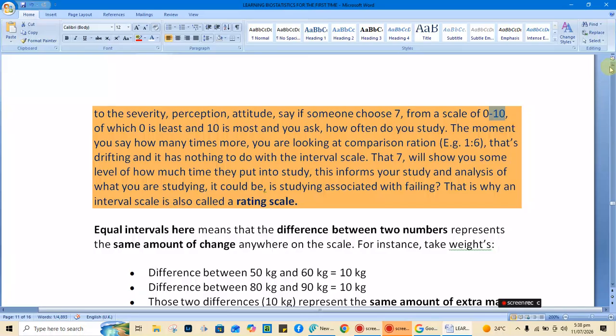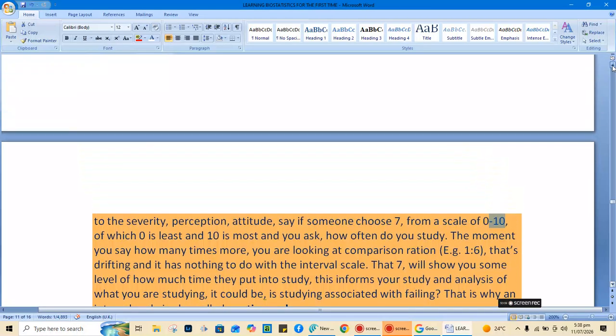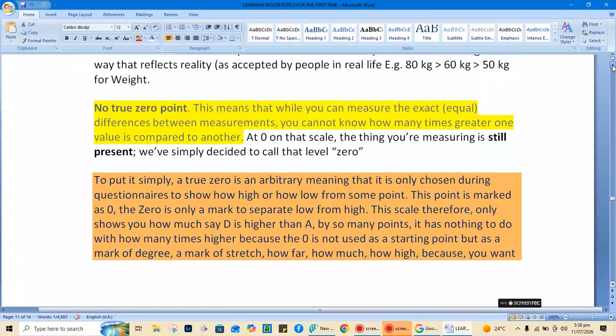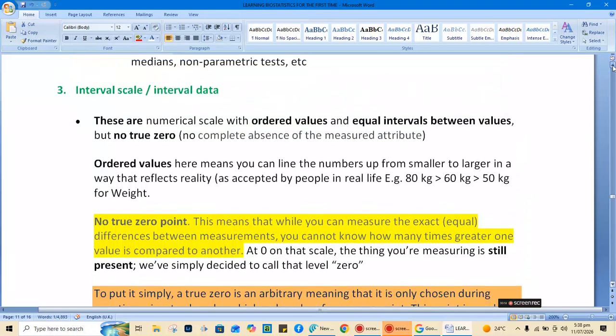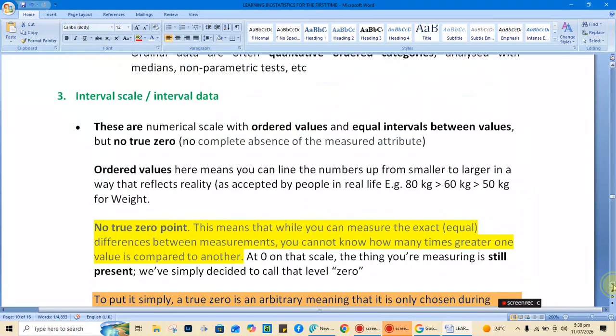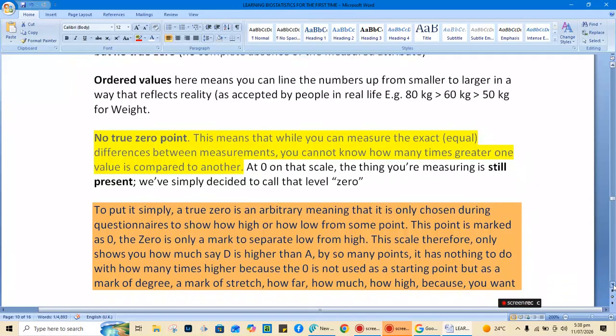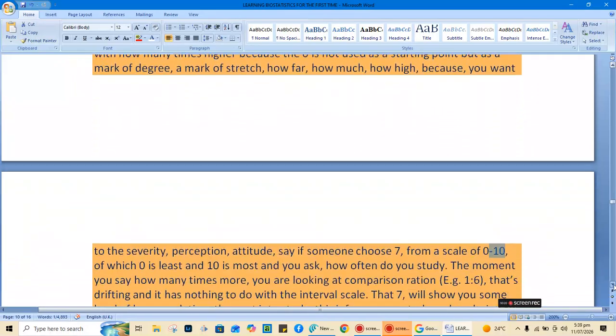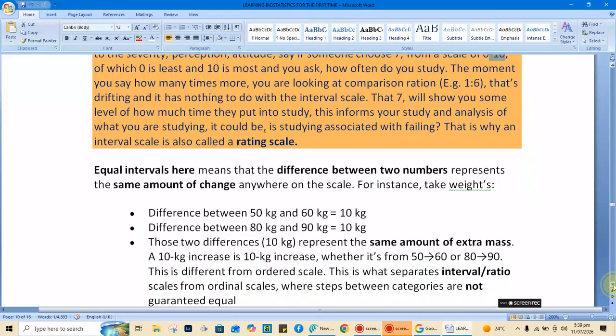So that's what it means when we say that interval scales are scales of ordered values and equal intervals without true zeros, meaning that the zero has little or nothing.